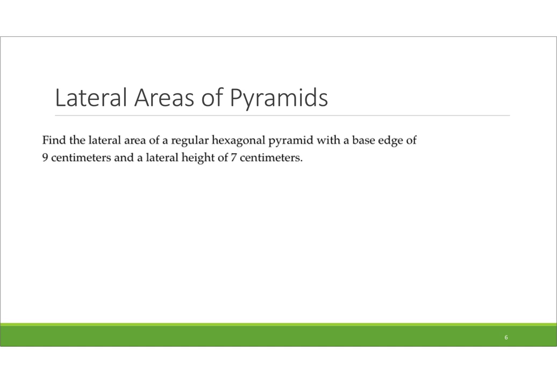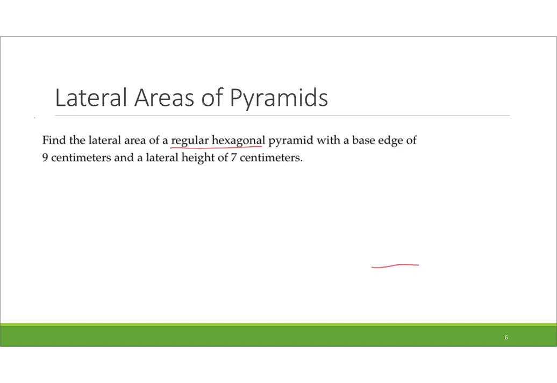Here we go. Now, in this problem, we have the lateral area of a regular hexagonal pyramid with a base edge of 9 centimeters and a lateral height of 7 centimeters. Now, you don't need to draw the picture, but you should draw the picture. There's a lot going on in these pictures, and if you draw the picture, it kind of helps you orient yourself on what's going on.